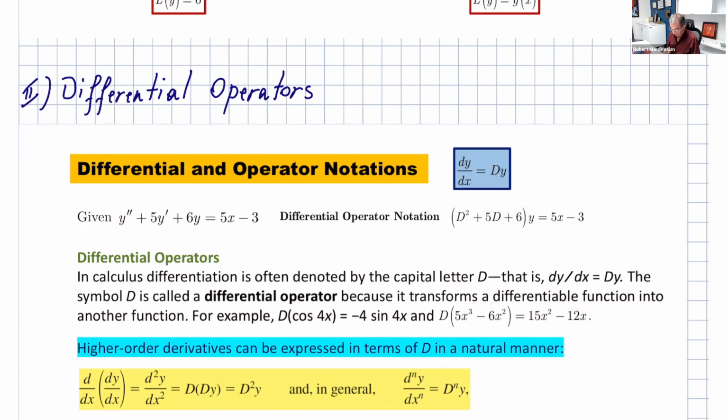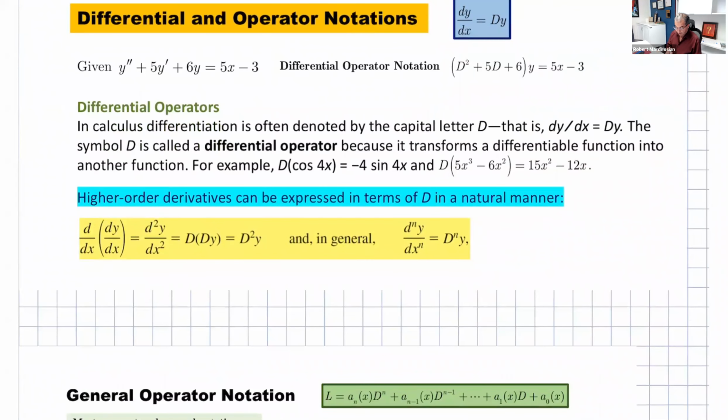For example, D of cosine 4x, when you see this, that means you just take the derivative of that function and you get negative 4 sine 4x. And D of 5x cubed minus 6x squared, you just take the derivative of that function and you get 15x squared minus 12x. And again, higher order derivatives can be expressed in terms of D in a natural manner.